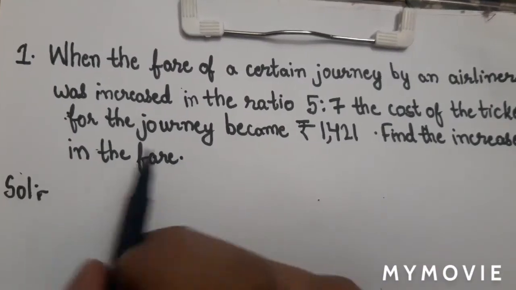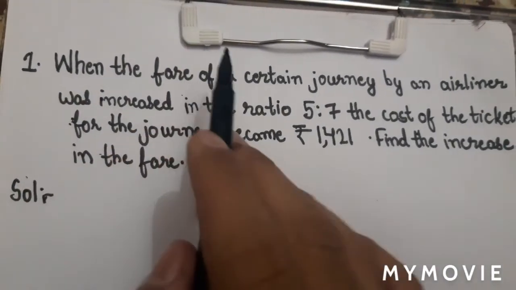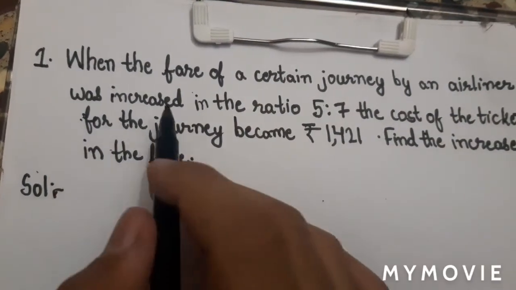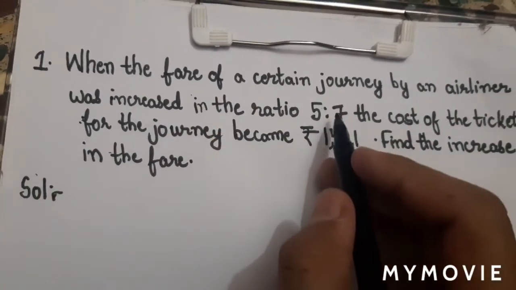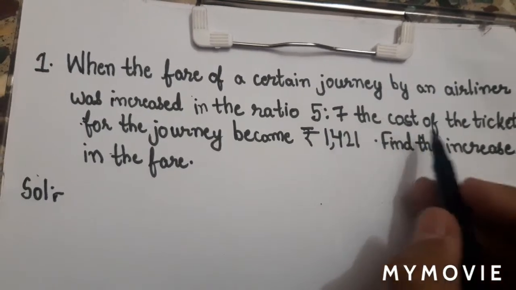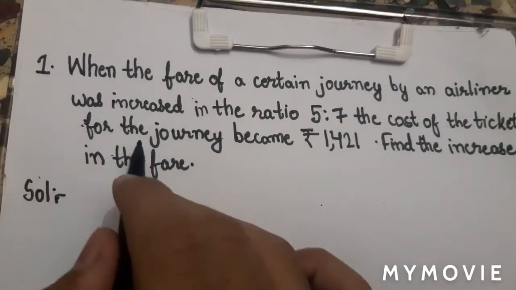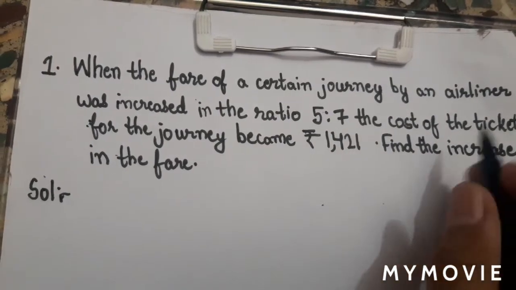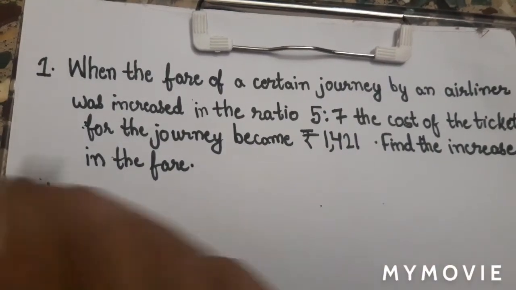So friends, our first question is, when the fare of a certain journey by an airliner was increased in the ratio 5:7, the cost of the ticket for the journey became rupees 1421. Find the increase in the fare.